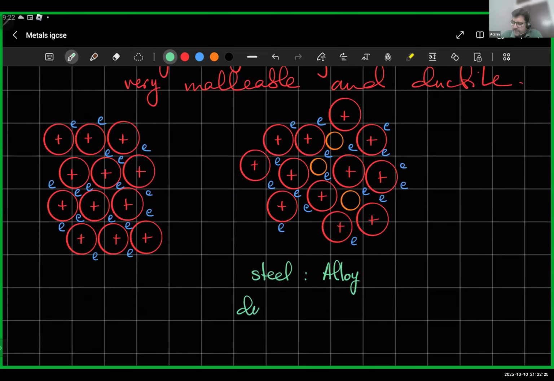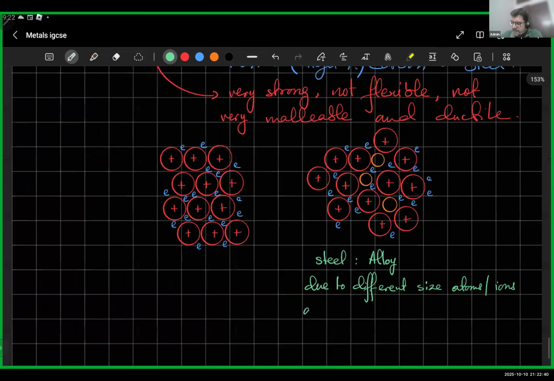So due to different size of atoms or ions, what happens is an irregular metallic lattice is formed. And the layers, because there are no layers anymore, they can't slip and slide that easily.